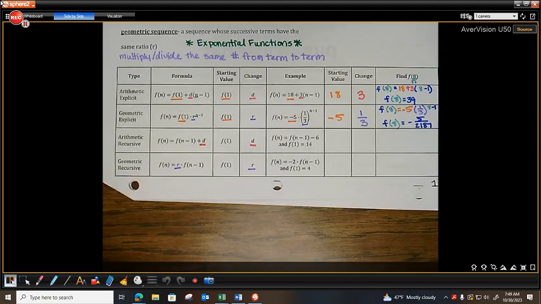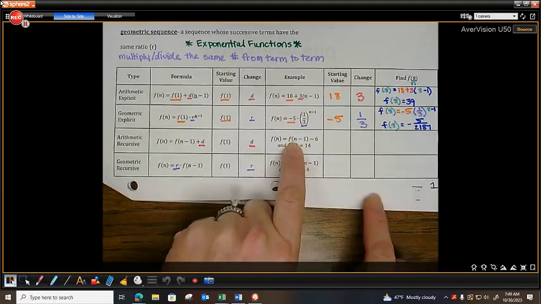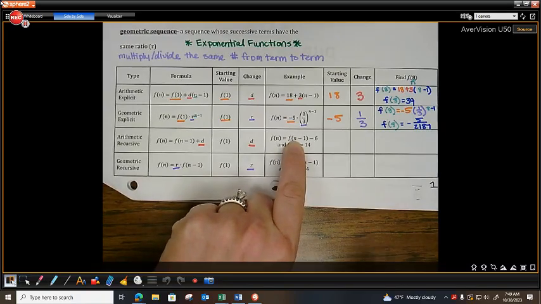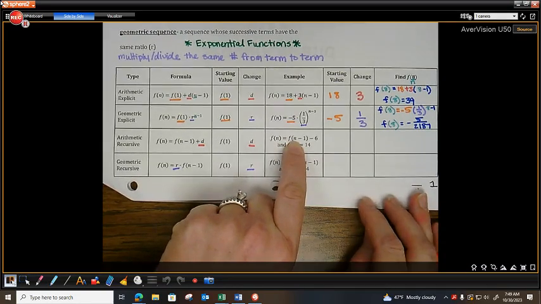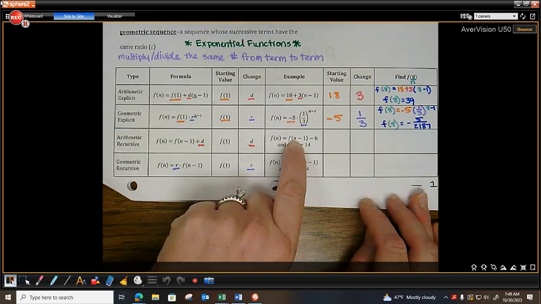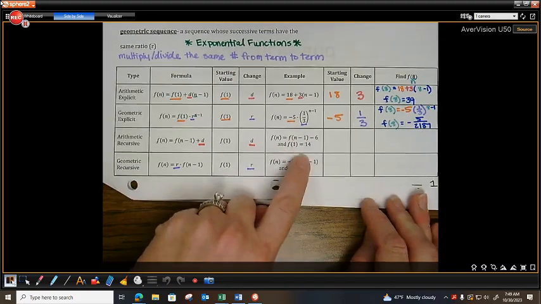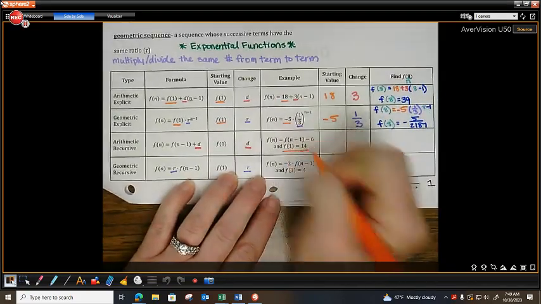Okay, so I have my formula. Can I find my starting value just looking at the formula? No. You can't find your first term from the formula. I'm going to have to tell you, and f of 1 equals 14.